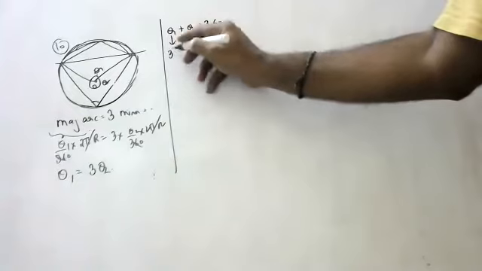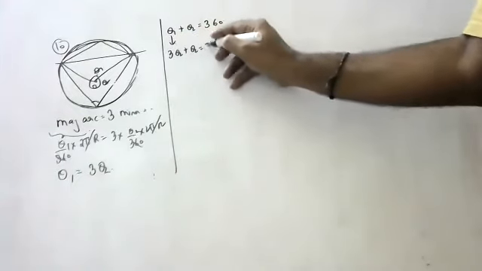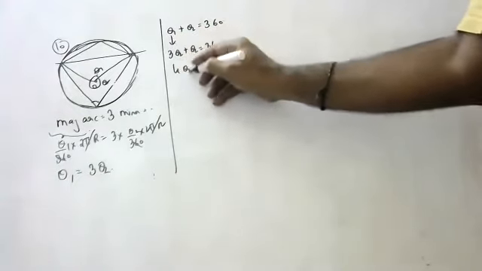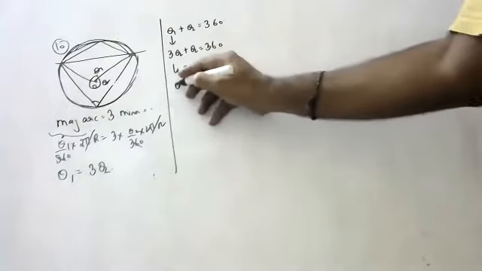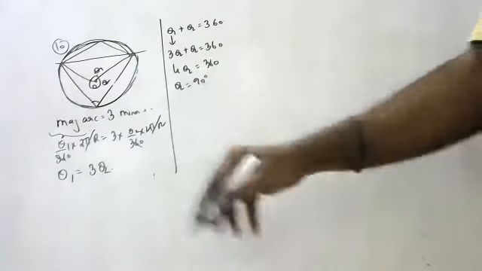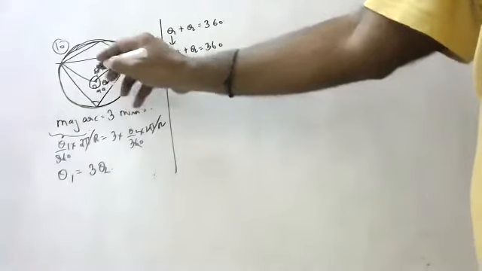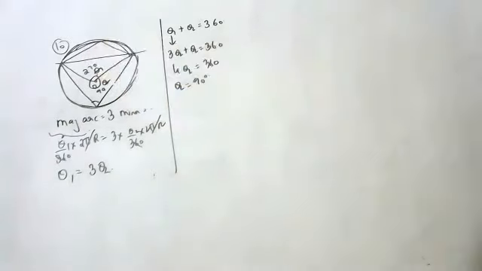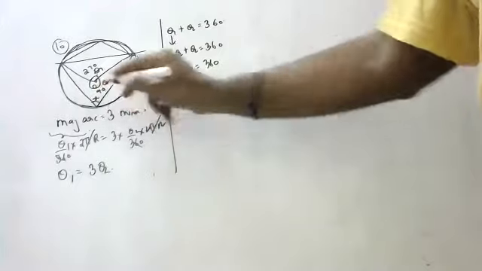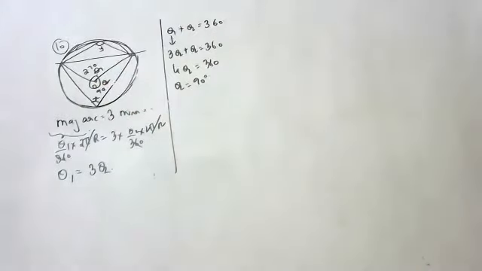Theta 1 is 3 theta 2, so 3 theta 2 plus theta 2 is equal to 360. 4 theta 2 is equal to 360. Theta 2 is equal to 90. If this is 90, this will be how much, children? 270. Can anyone tell what will be x and what will be y?